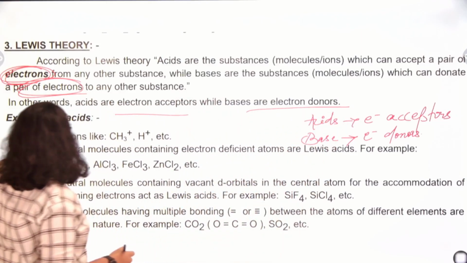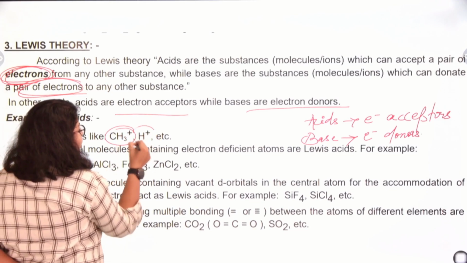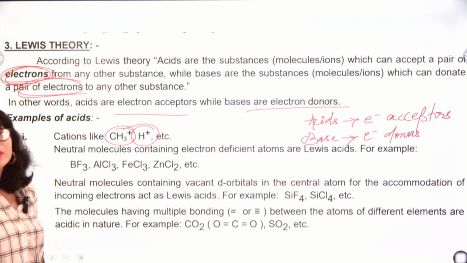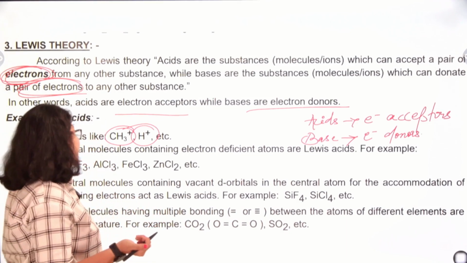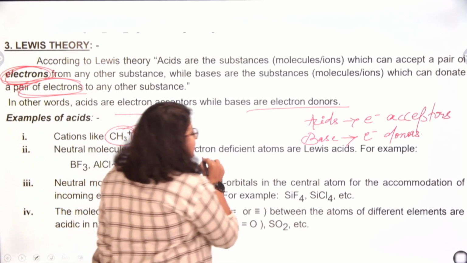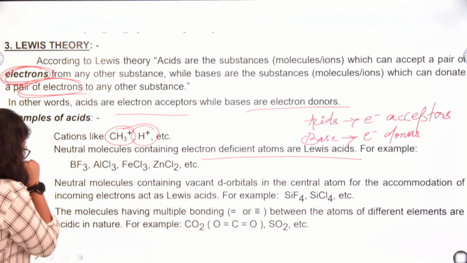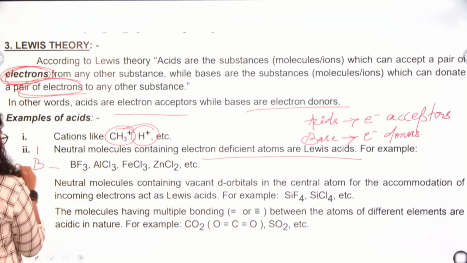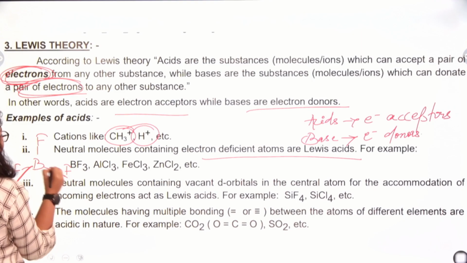Examples of acids include cations like CH3 plus, H plus, etc. Being positive, they have a tendency to take up electrons from any sources in their vicinity. Next, neutral molecules like electron deficient atoms are Lewis acids. For example, BF3, which is trigonal planar in structure.